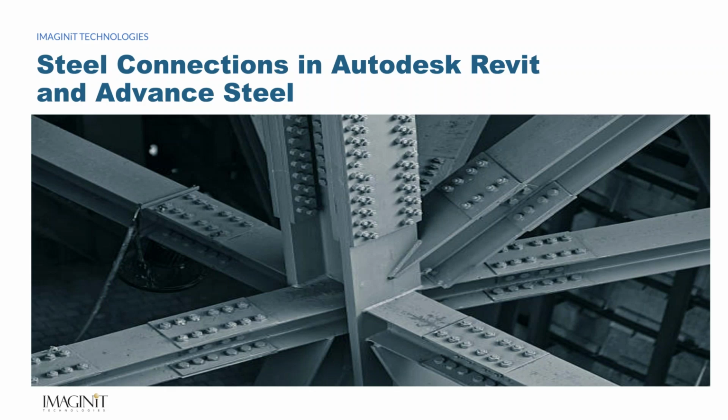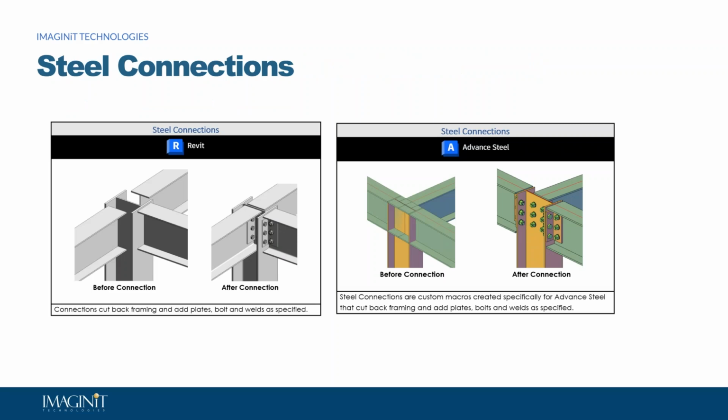Okay, great. Let's see what I got out of this. Okay, now in Revit, when I put in a connection, it's going to make cutbacks for the frame. It's going to add plates, bolts, welds as specified. Same thing with Advanced Steel. In Advanced Steel, though, it's got custom macros, but it's still going to do the same thing as Revit, cut back the framing, add plates, bolts, welds, as specified.